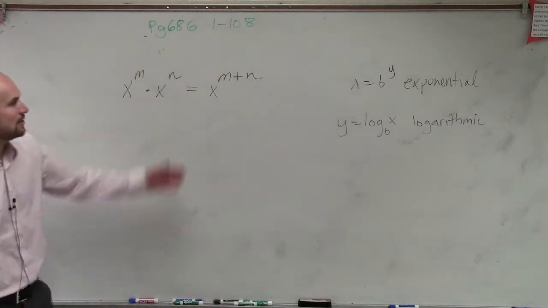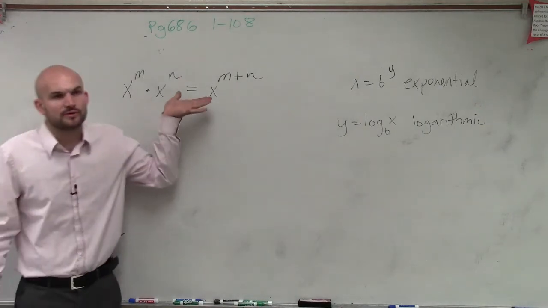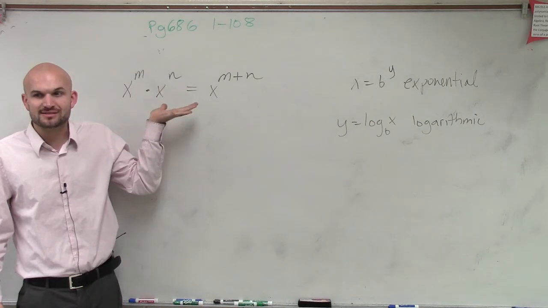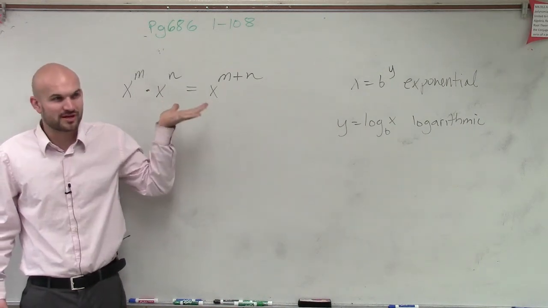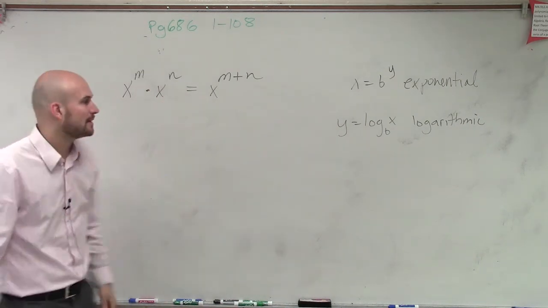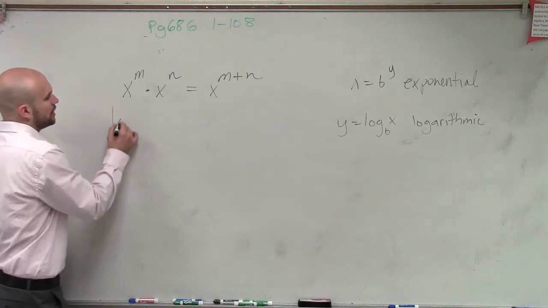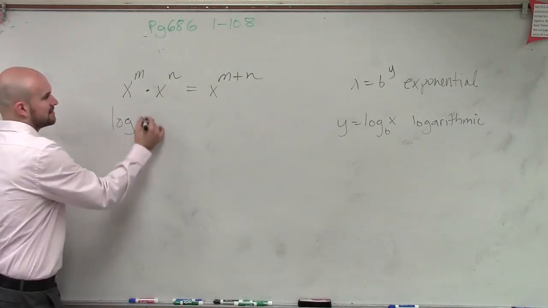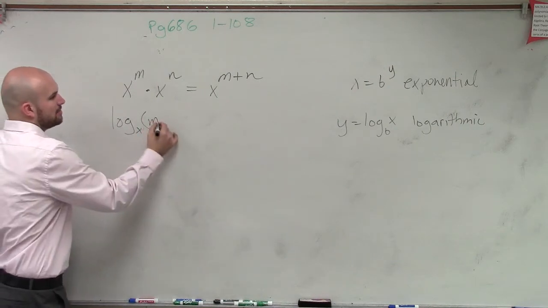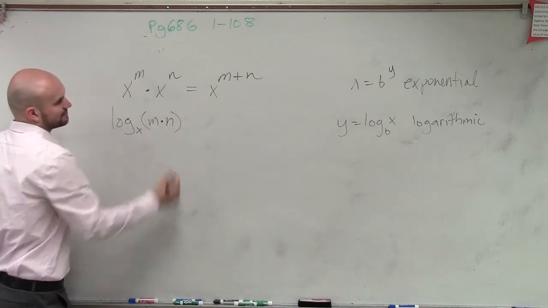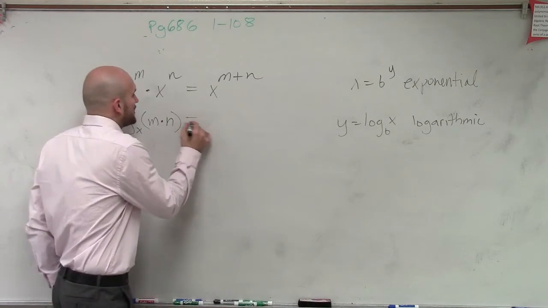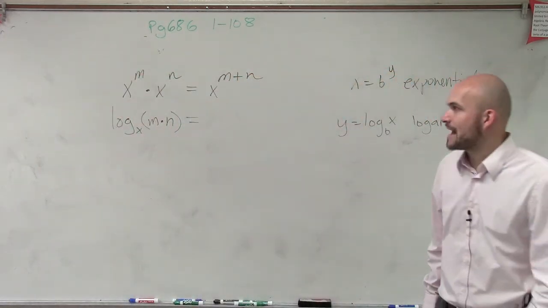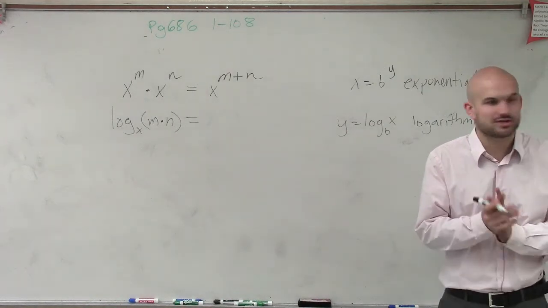So if we have a rule for the product of exponents, do you think we're going to have a rule for the property of logarithms? Yeah, we will. So what if I say log base x of m times n? Let's just do a hunch. Pedro, what do you think that property might help us do?